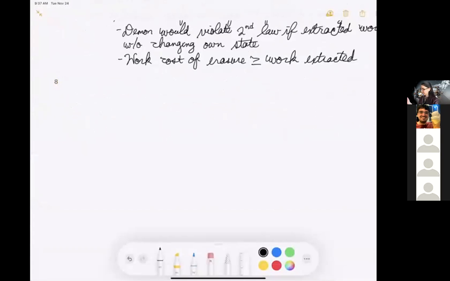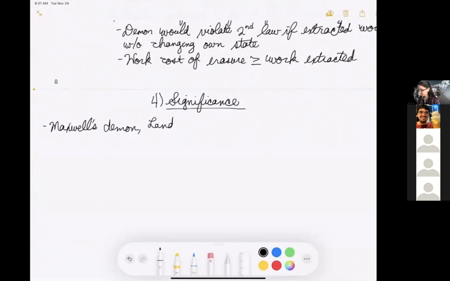Let's think a little bit about the significance of what we've seen in this Szilard engine section as a whole. We've now talked about Maxwell's demon, Landauer's principle, and Szilard's engine.